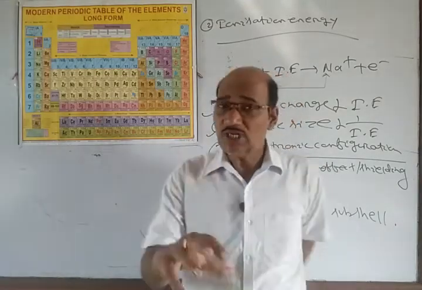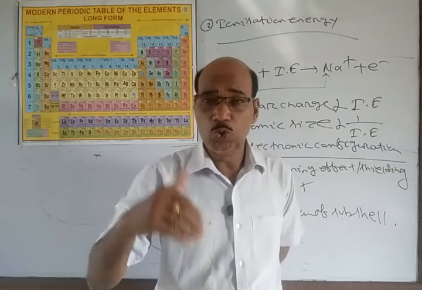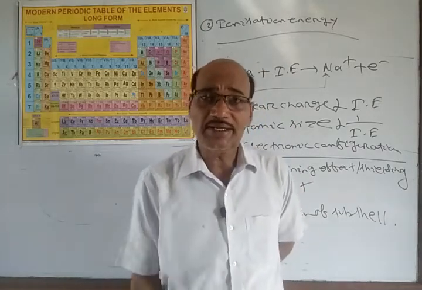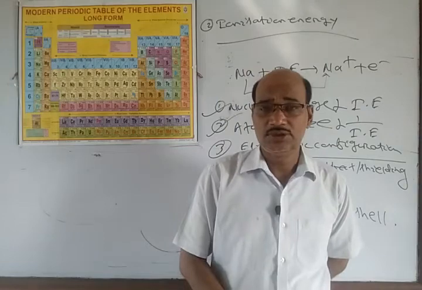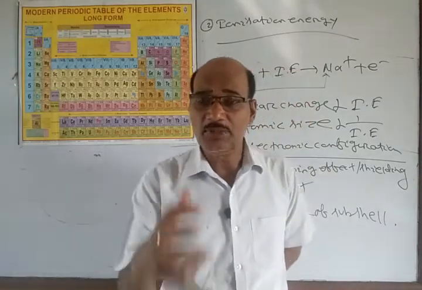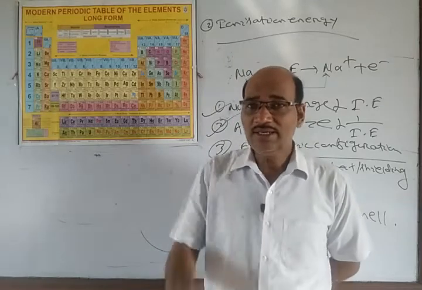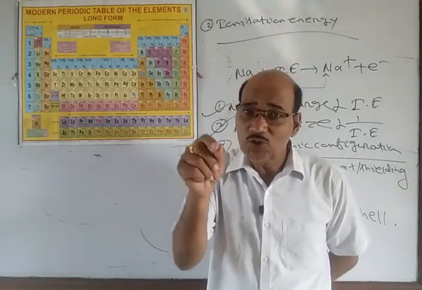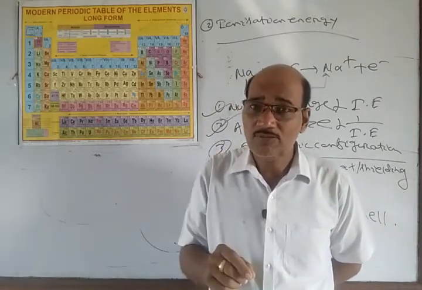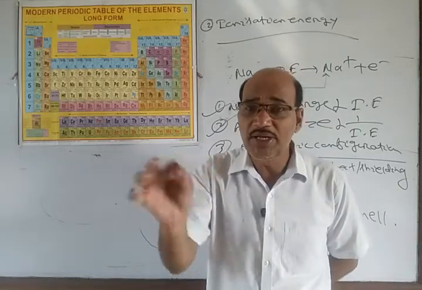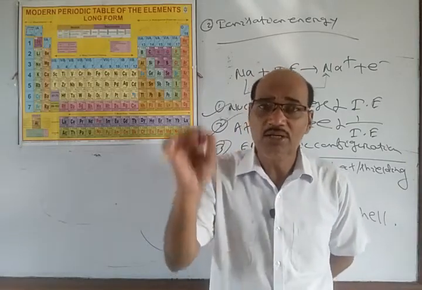Now, the purpose of losing or gaining electrons is to acquire the stable electronic configuration, and this stable electronic configuration means what? The completely filled or half filled orbital.